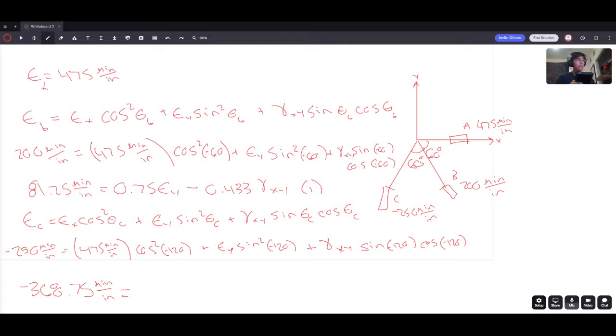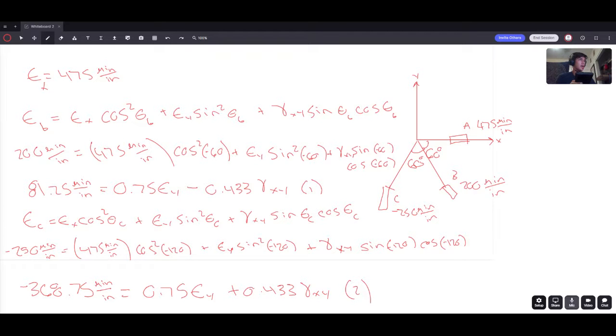Right, just like I thought. 0.75 epsilon Y. And then plus 0.433 gamma XY. This is equation 2.